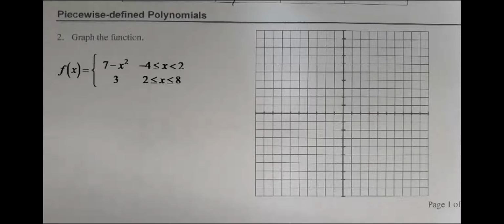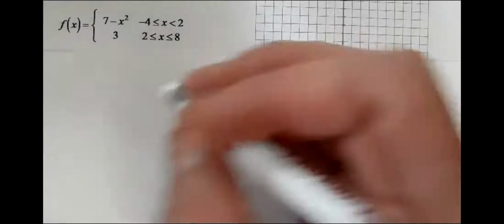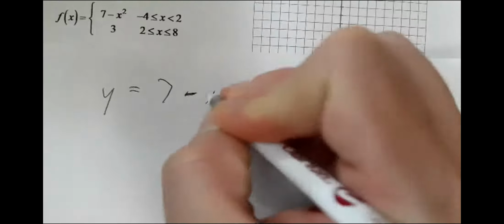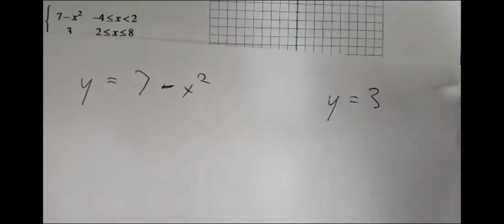We've already done piecewise functions, so we talked a little bit about that before, but as a quick recap, I have two things that I'm looking at here. I'm looking at one function, y equals 7 minus x squared, and a simpler one, y equals 3.